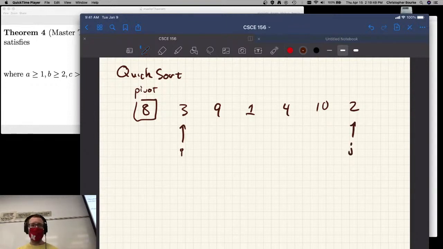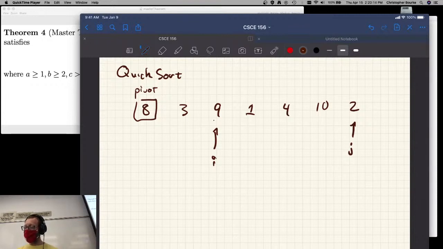And on the left-hand side, you start incrementing i until you find something that's on the wrong side. So 3, that's less than 8. It's already on the left part, so we don't move it. We update i. 9 is greater than 8, so it's on the wrong side. It's on the left side. It needs to go to the right side.